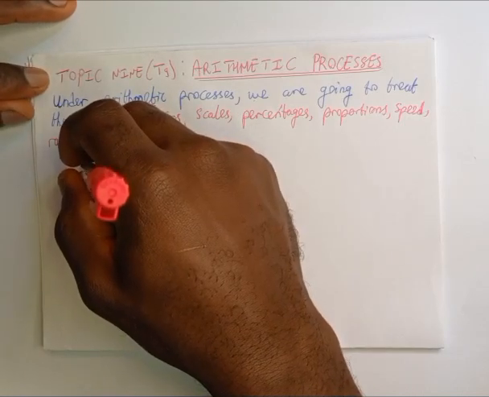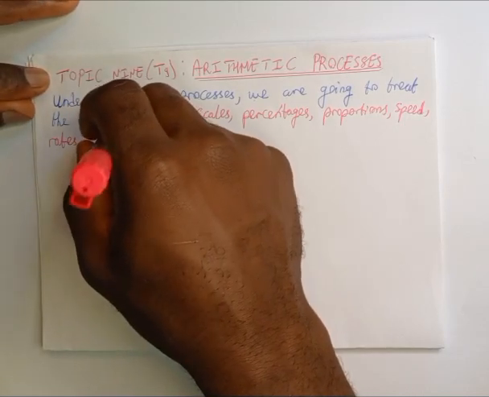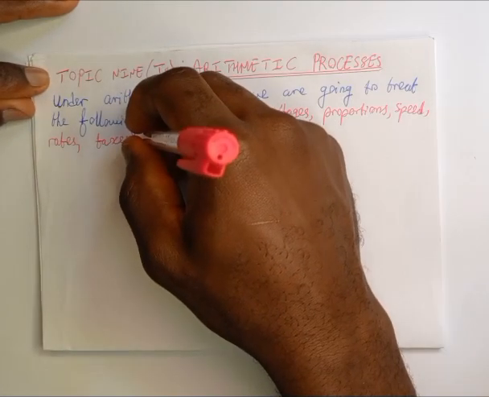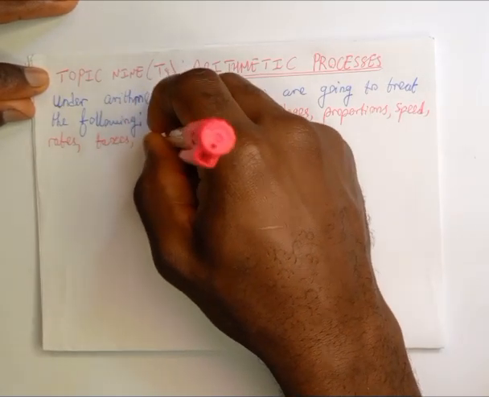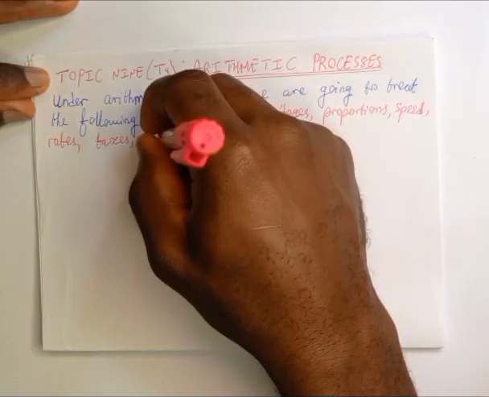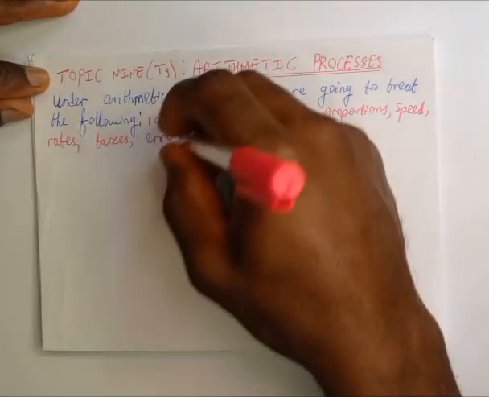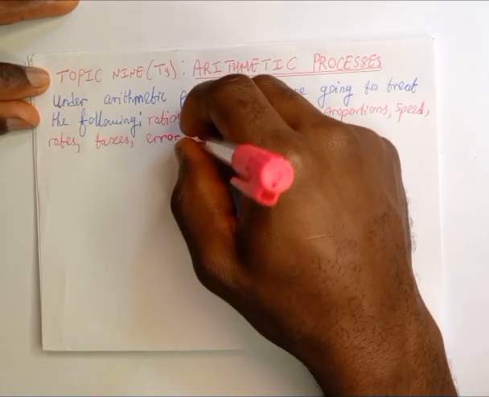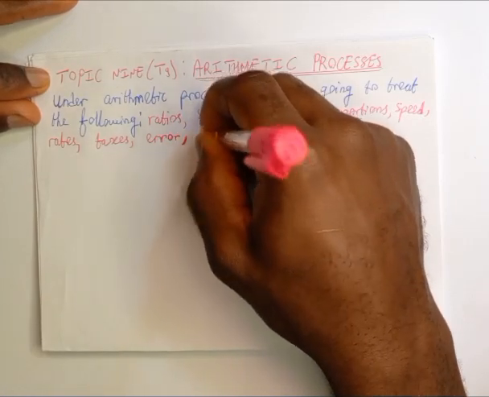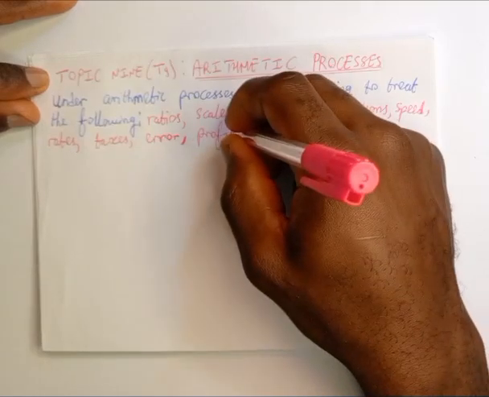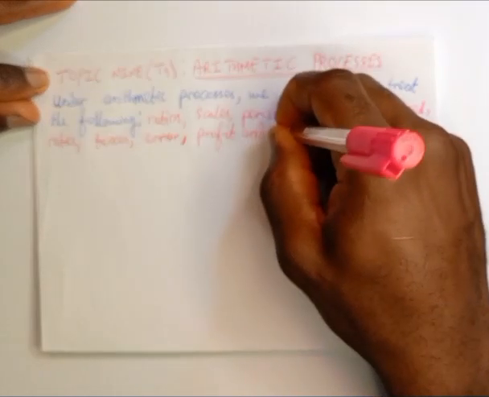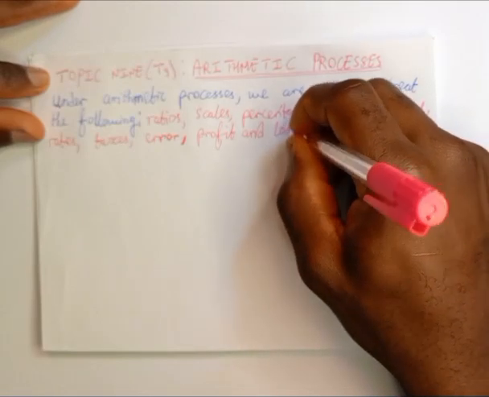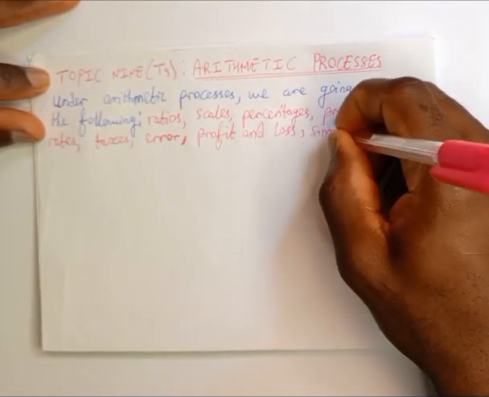After rates, the taxes. After taxes, we treat profit and loss. Next, we are going to treat simple interest.